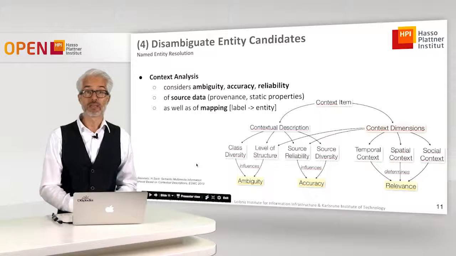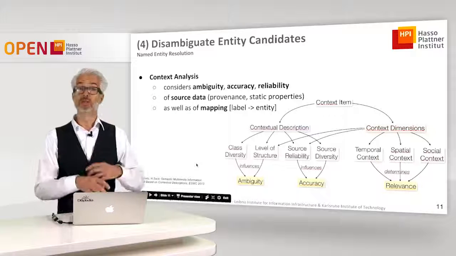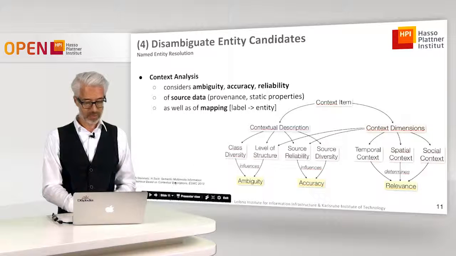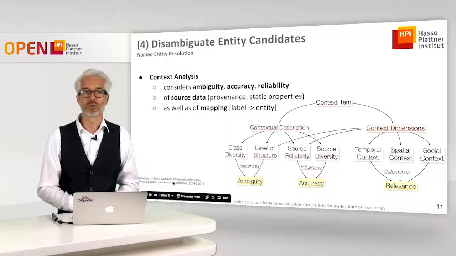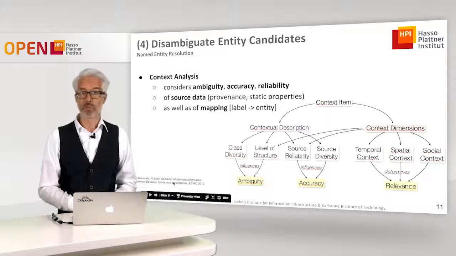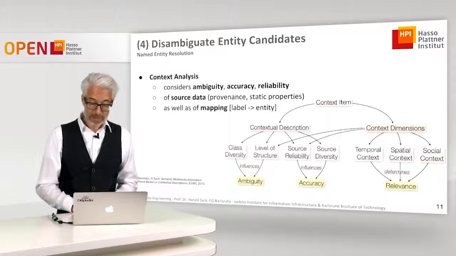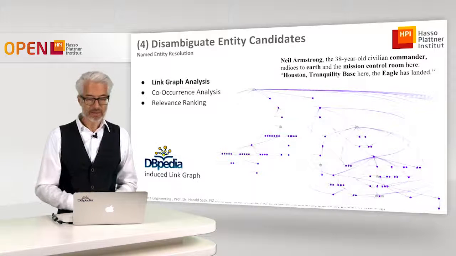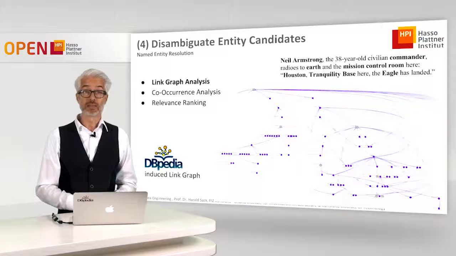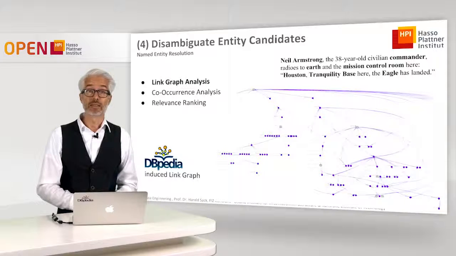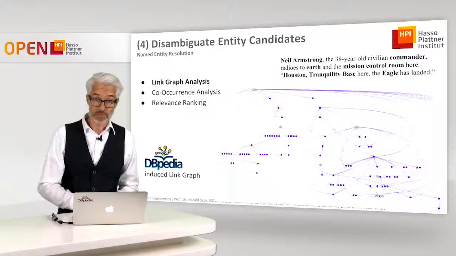If you are further interested in exactly these notions of context analysis, please refer to the research papers from 2013 from our group. Context analysis, in the end, is then the basis of the subsequent analysis of disambiguation.